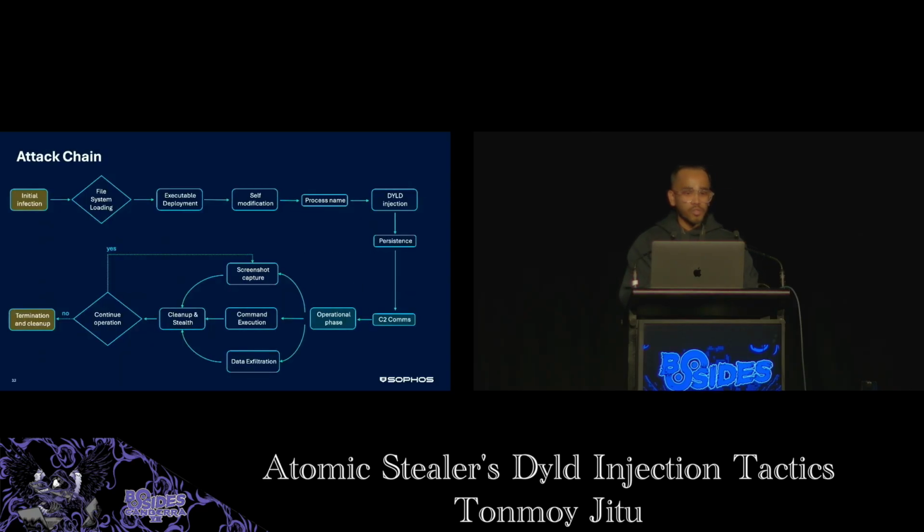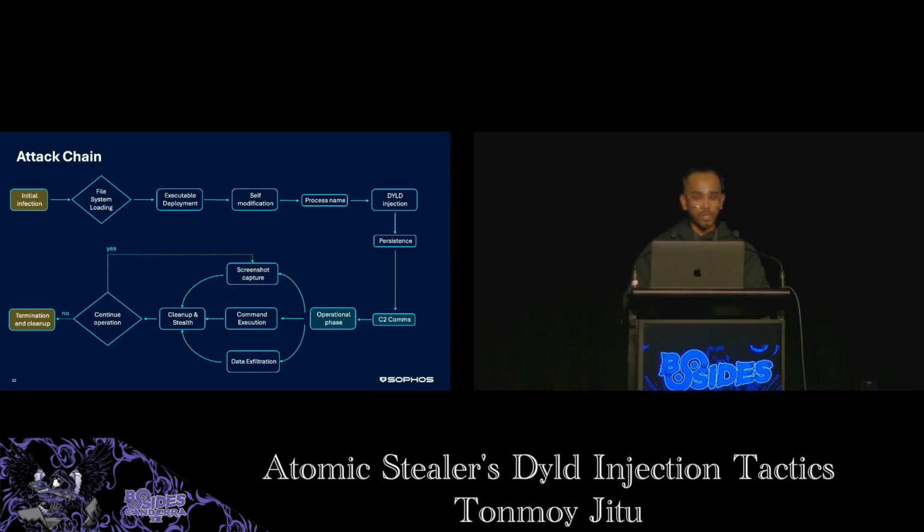So moving on to the attack chain. You have an initial infection, which is the DMG file itself, where the file system is loaded. This is a high-level attack chain. It does self-modification via process names. It also performs DYLD injection, which is the dynamic load library injection, creates persistence, then communicates back to the C2.